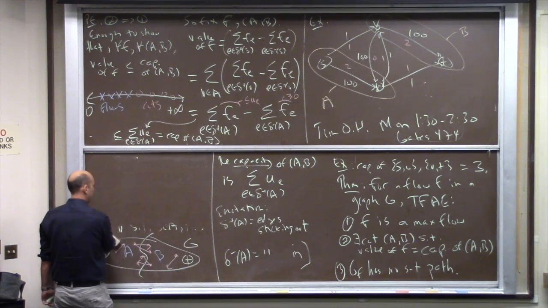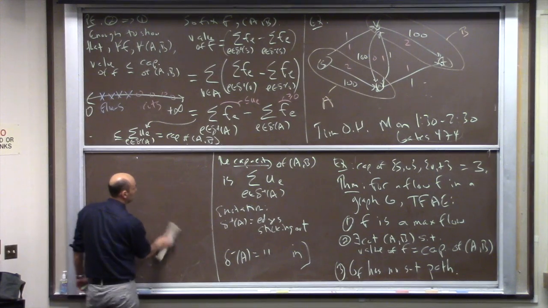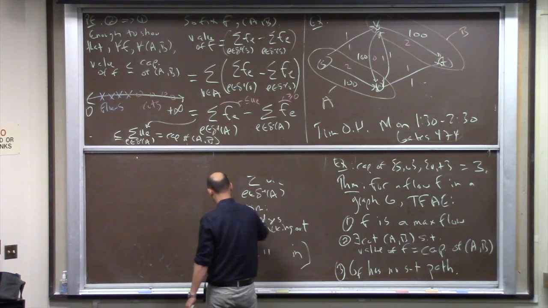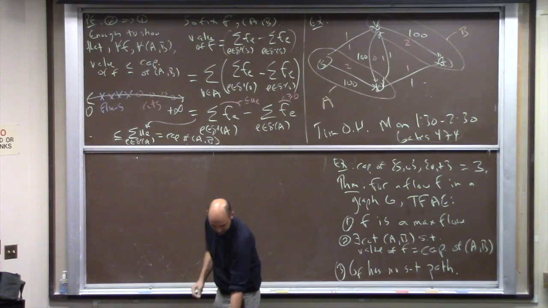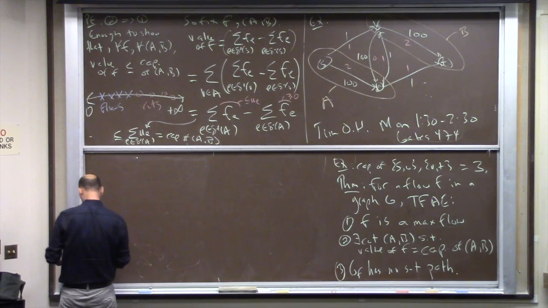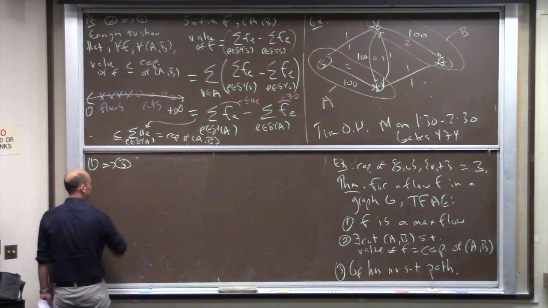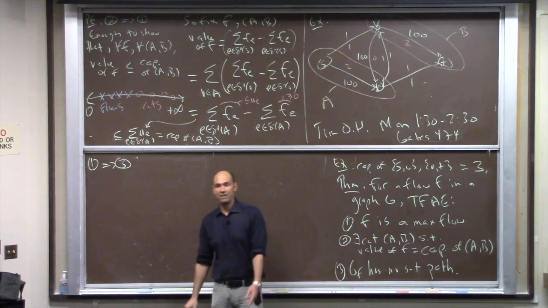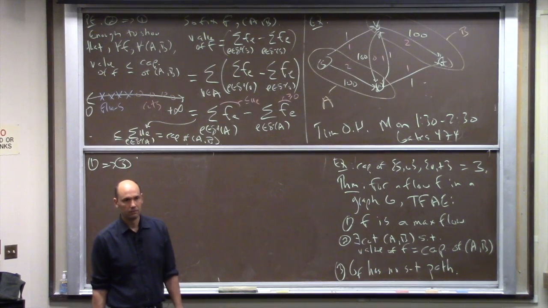Okay, so actually think about why not 3 implies not 1. Well, suppose not 3. Okay, so suppose the residual graph does have an ST path. We need to show that it's not a maximum flow.